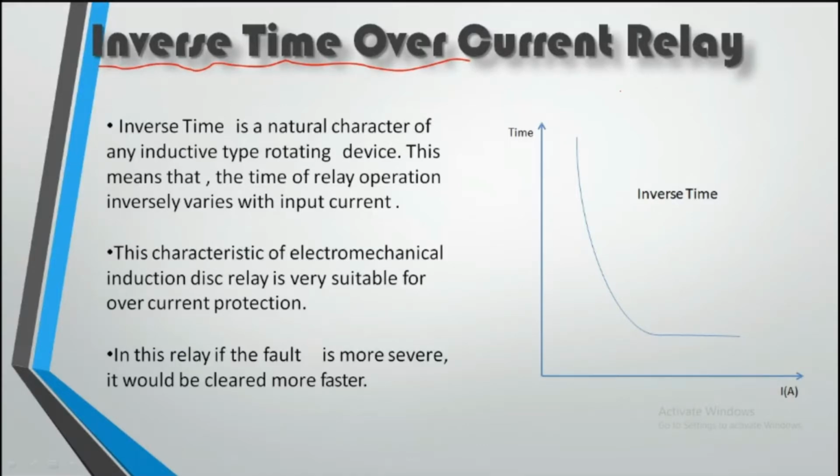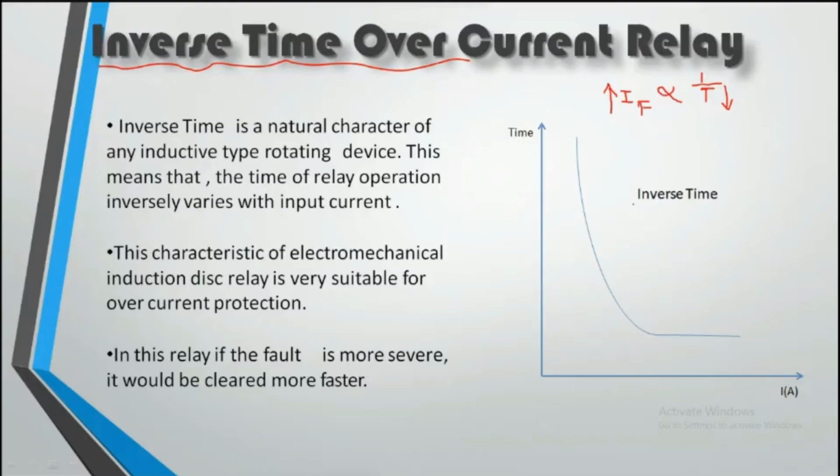Right? If my value of fault current is I_f, and for this I_f the operation time is t, then we can say these two are going in inverse proportion. If we put the proportionality, it will be 1 upon t. So as soon as the amount of current increases, the time of operation will decrease.